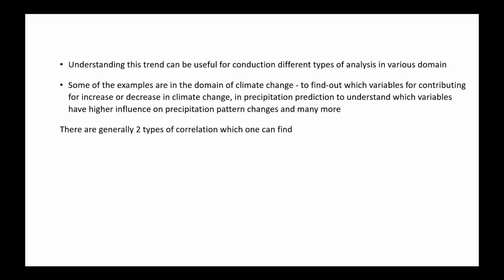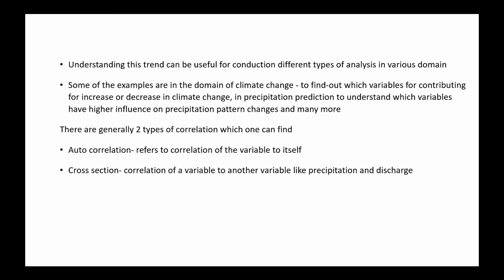Generally, to understand this correlation, two types of analysis can be done, which are autocorrelation and cross correlation. Autocorrelation represents understanding how one variable is having interrelationship with itself. For example, there is precipitation, and you want to find out how precipitation is in relationship with itself. It means you want to predict precipitation. Let's assume you want to predict tomorrow's precipitation, but you cannot just use today's precipitation and predict tomorrow's, right?